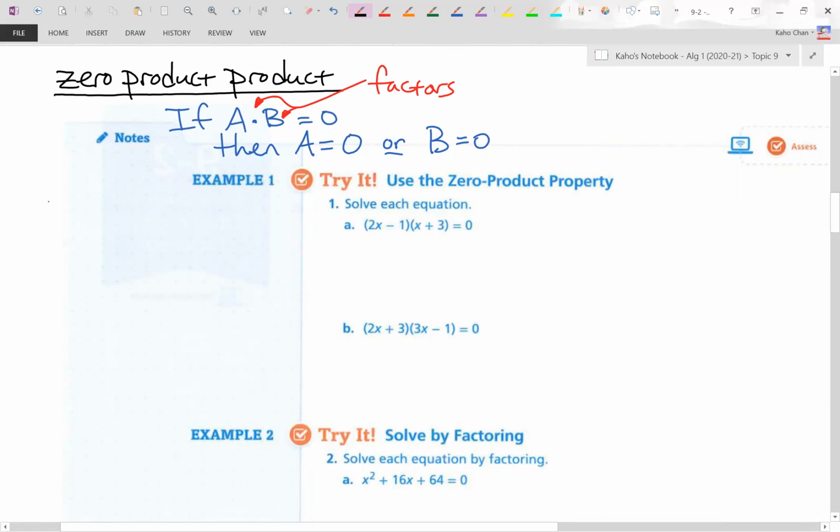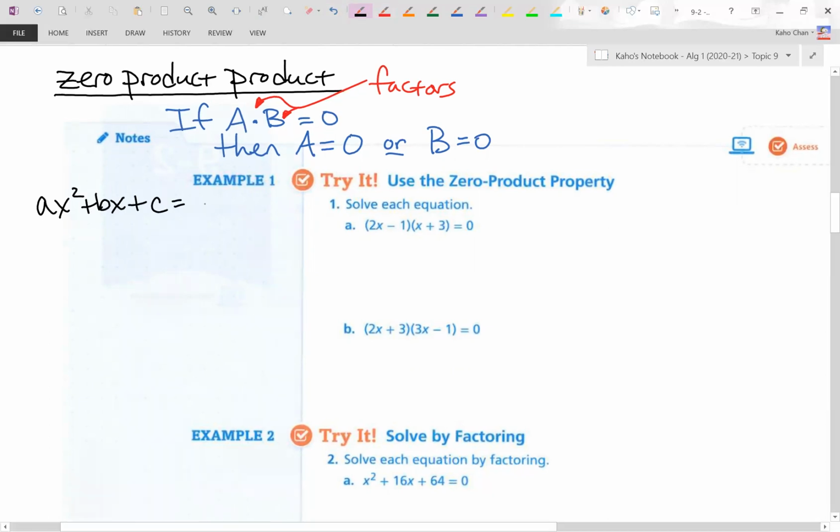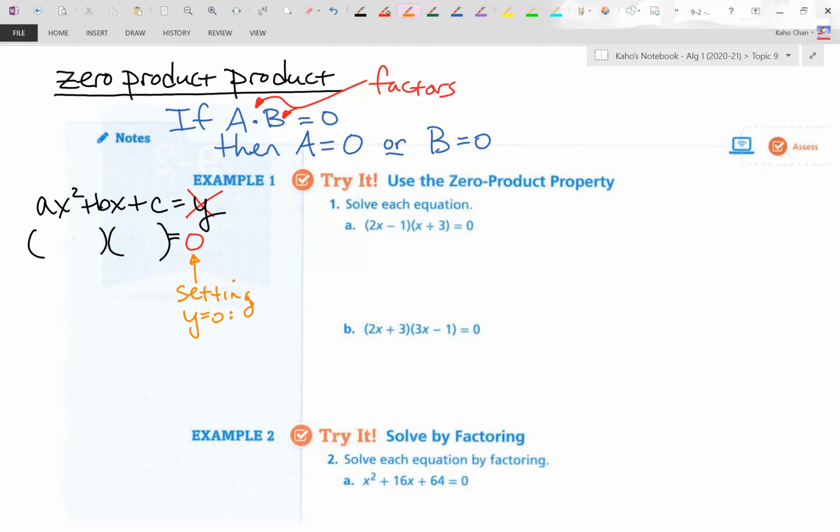When you have a quadratic, ax squared plus bx plus c, equals a function, or y, and you change that y into a 0, and then you factor your quadratic into a binomial times a binomial, we're setting y equal to 0, which means we're trying to find x-intercepts.